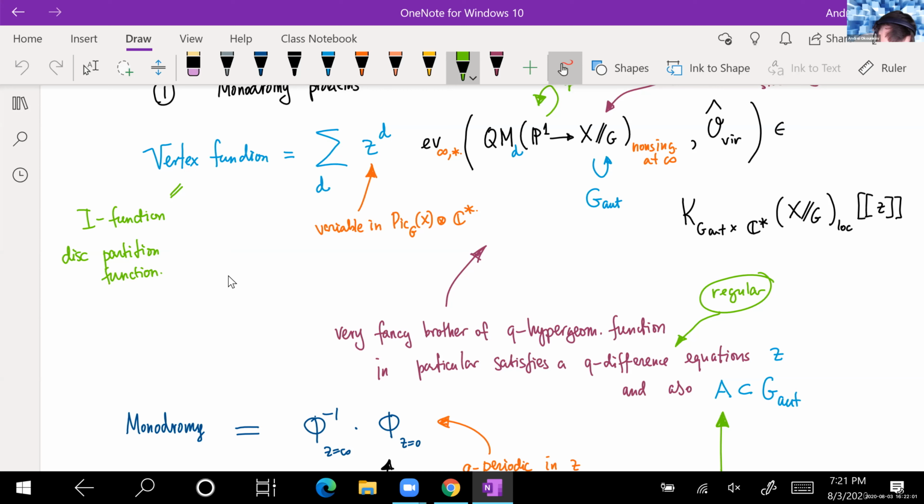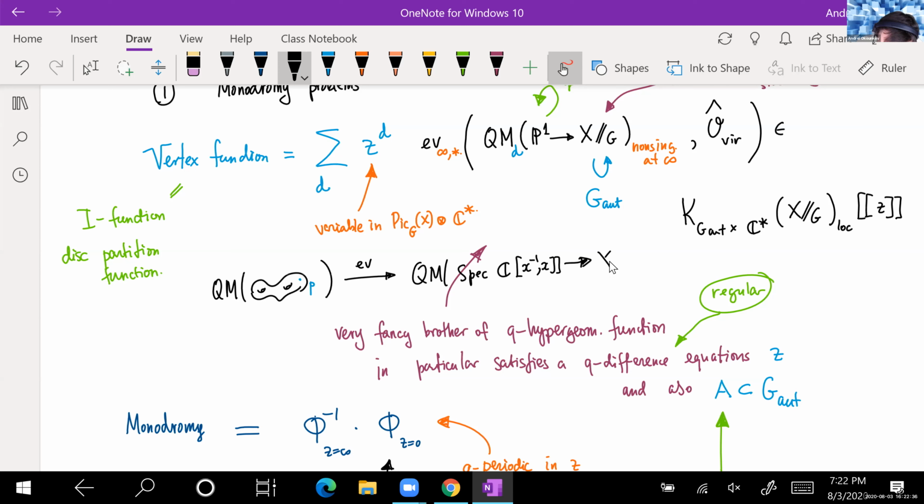So I have a quasi map from some kind of curve that has a point. Then there's an evaluation map to the following thing. You take quasi maps from the spec of C((x)), the punctured disk, into your variety X, something like that, right?